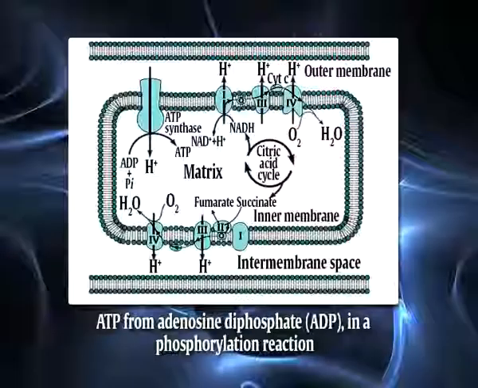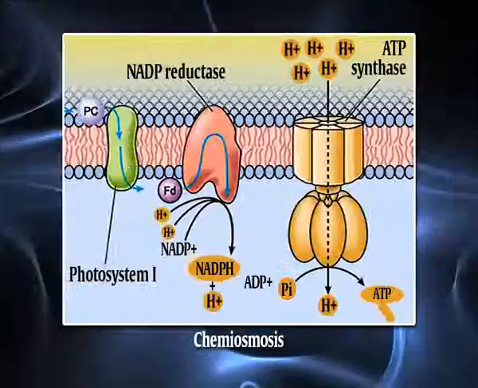It releases energy, whereas the synthesis of ATP is an endergonic process which requires an input of energy. Both the electron transport chain and the ATP synthase are embedded in a membrane, and energy is transferred from the electron transport chain to the ATP synthase by movements of protons across this membrane in a process called chemoosmosis.